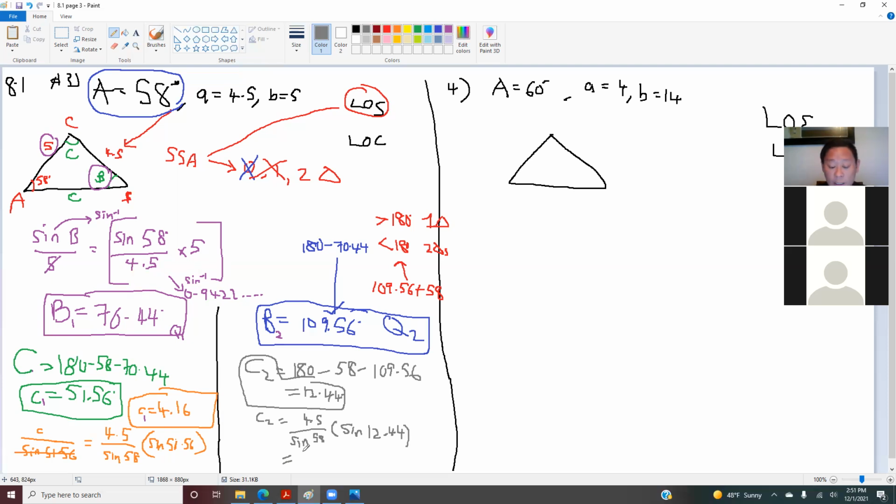So again, calculators. This C2 is 1.14. You have to do quite a little bit of work if you have two triangles, because you have to find both of them. Anyone have any questions here? Questions?